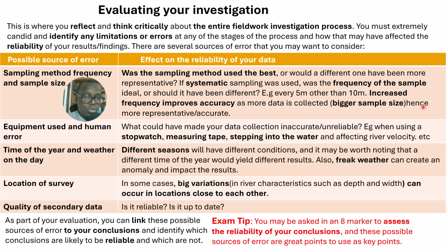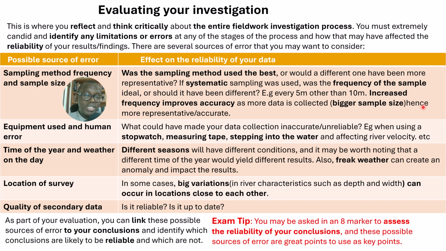So another possible source of error could be the equipment that you used, as well as human error. So you will be asking yourself, what could have made your data inaccurate or unreliable, e.g. when using a stopwatch, or measuring tape, or stepping into the water and affecting the velocity of the water, and so on. So if you're using a stopwatch, the stopwatch could have been started a little later than when it could have been started, for example, and that could introduce unreliability to the data set that you will have collected as a result.